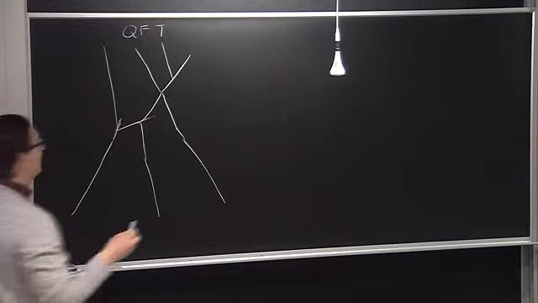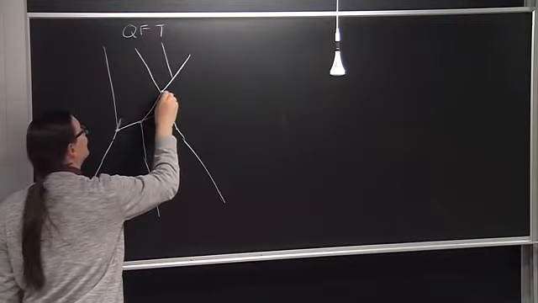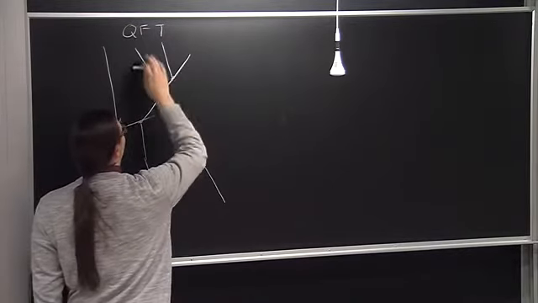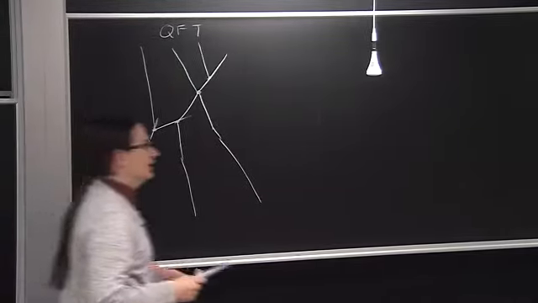Interactions happen at some discrete points in space-time, or something special happens. And after a bunch of interactions, the particles then propagate freely and go back to infinity.